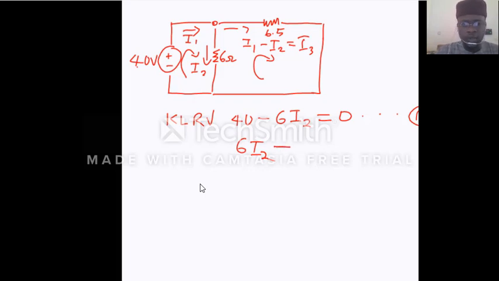For 6.5 ohm, the loop and current are in the same direction, so we take negative 6.5 into I1 minus I2 instead of just I3 to make it easier. We equate it to 0, and this is our equation 2.